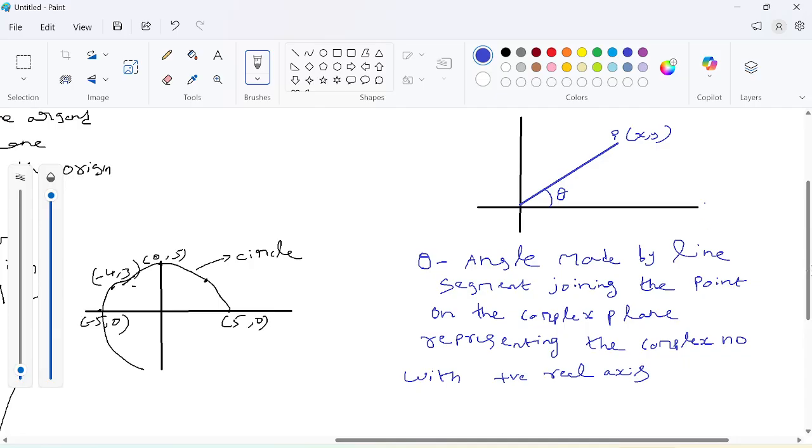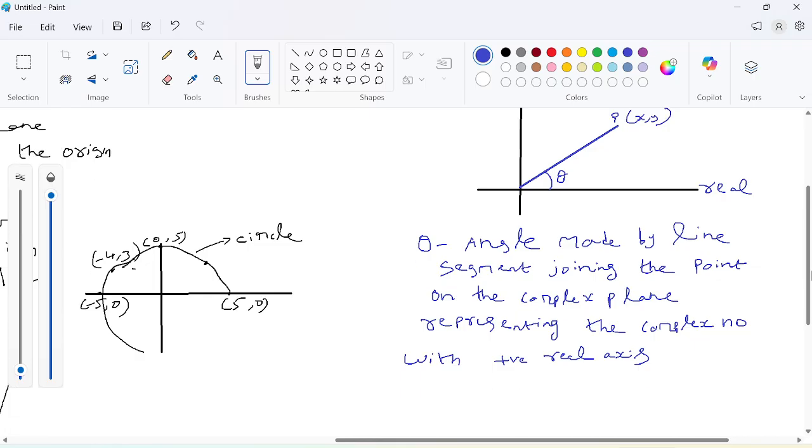So this is your real axis, which is the x-axis, and the complex plane is this one. A line segment joining the point on the complex plane with the positive real axis, this is what we call theta.